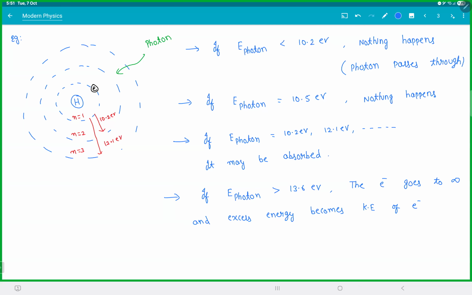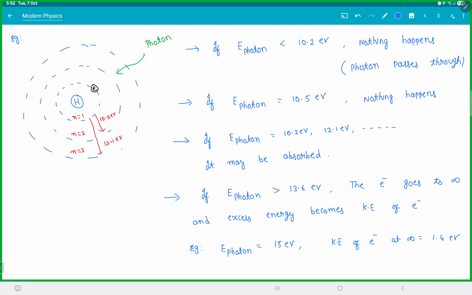So for example, if you give energy of the photon as 15 eV, this is one case where the electron will take any amount if you exceed your binding energy. So if I give 15 eV, the kinetic energy of electron at infinity will be the balance, which is 1.4 eV.